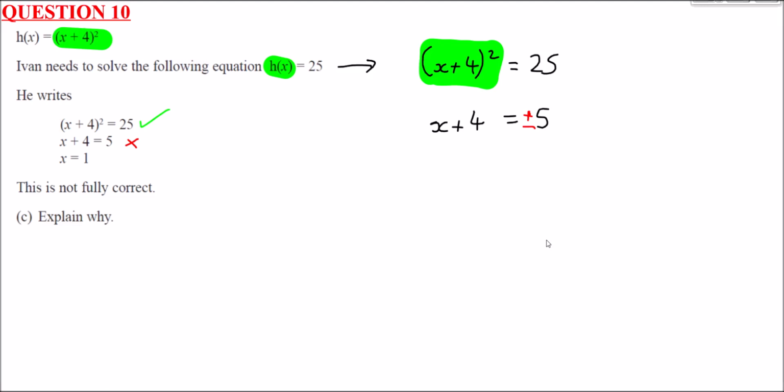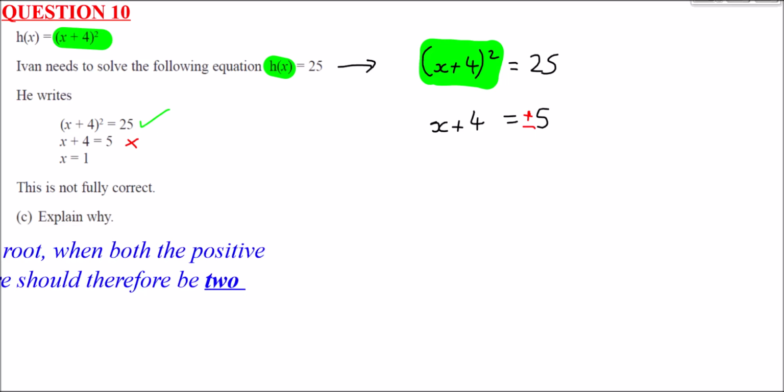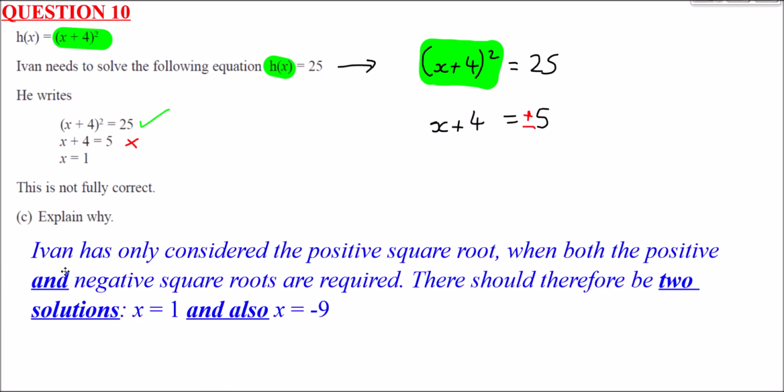Well, an explanation could go something like this. Importantly, we need to say that x equals 1 is not the only solution. There'll be another solution when we consider that x plus 4 is negative 5. So here's a potential answer you could give. Ivan has only considered the positive square root when both a positive and negative square roots are required.